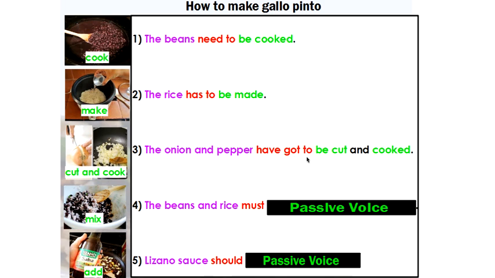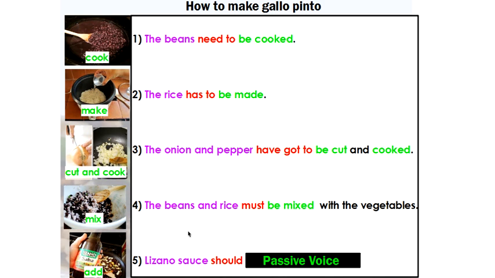So there's my modal, have got to, using the base form of be. The past participle of cut is cut, and the past participle cooked. Okay, the next step, mix. So the beans and rice must be mixed with the vegetables. Again, the modal and the conjugation for the passive voice.